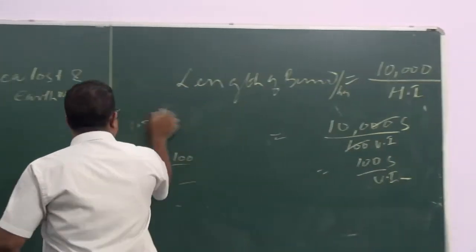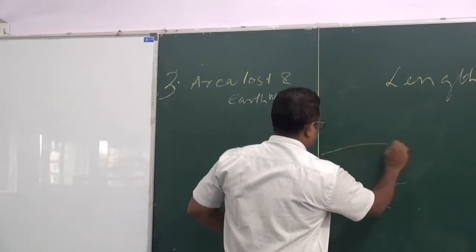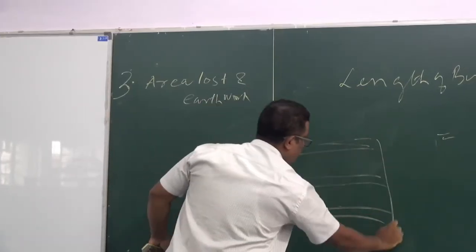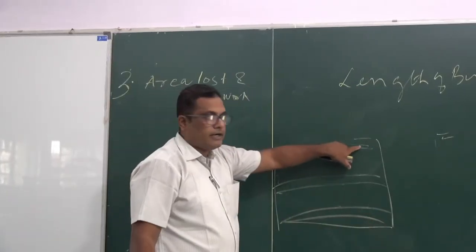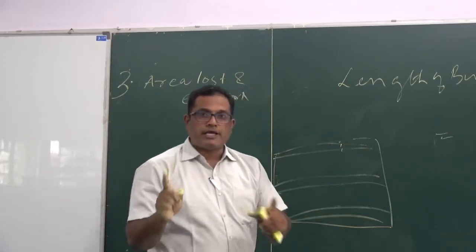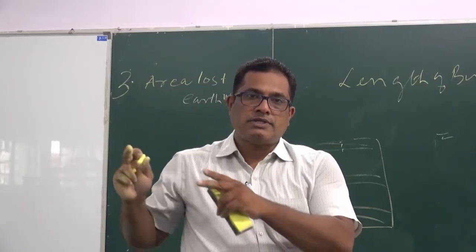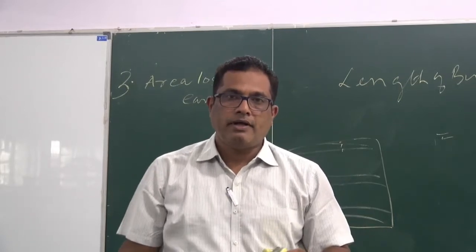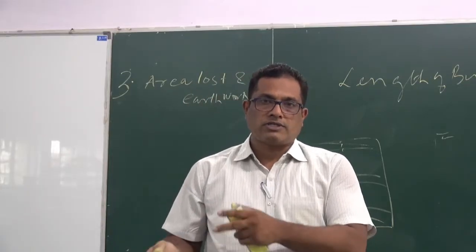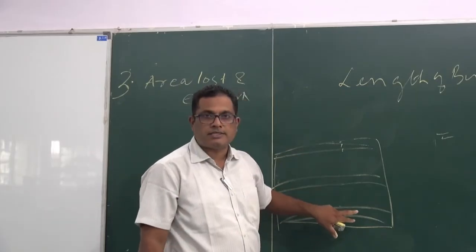Now, if you have to find the area lost because of bunding per hectare, this is your area, and because of these bunds, obstructions made at certain intervals, this much area, that is the base width of the bund, is rendered useless, because there you are making an embankment. Although you can utilize it for growing fodder or some leguminous crop, theoretically this portion is lost area.